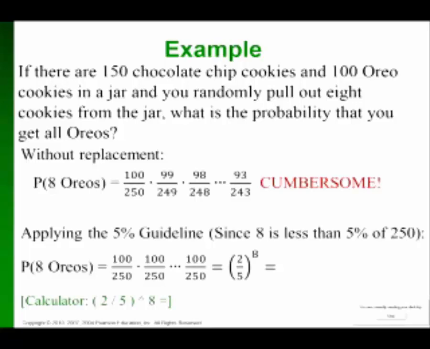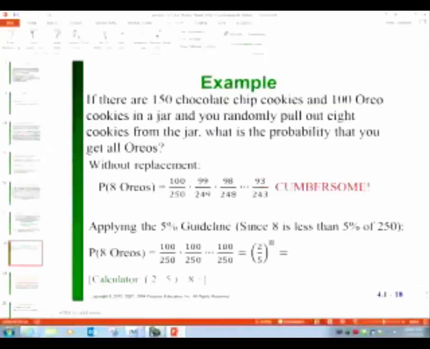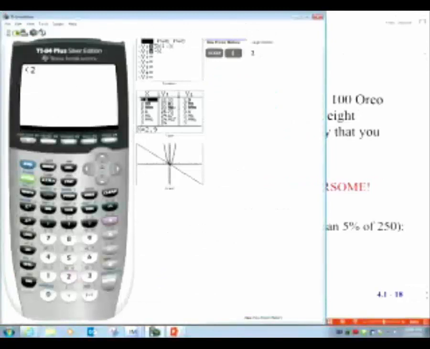Let me punch it real quickly. I want to look at this because some folks don't have their calculators with them and they're frowning at me. 2/5 in parentheses, which is 2 divided by 5, to the 8th power is 6.5536 e -4.